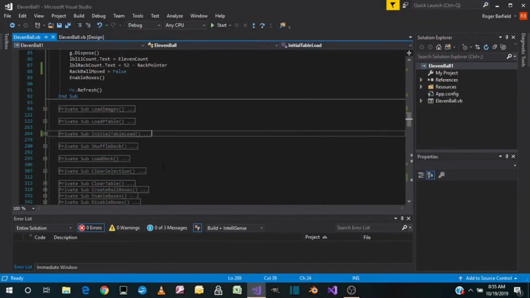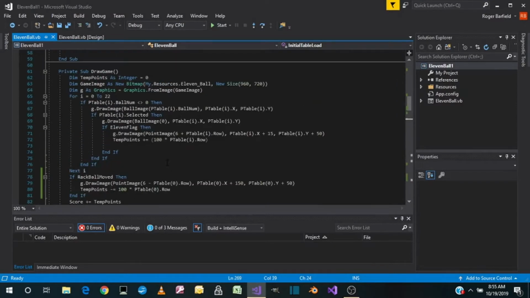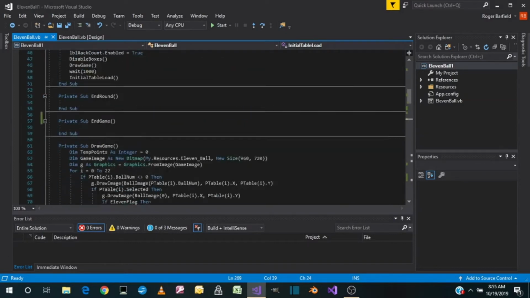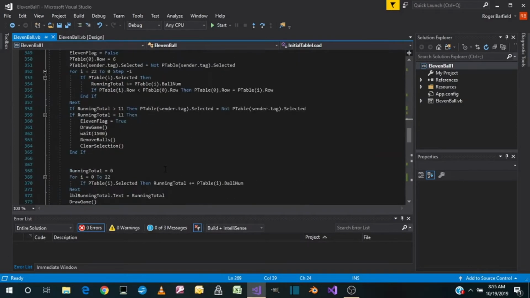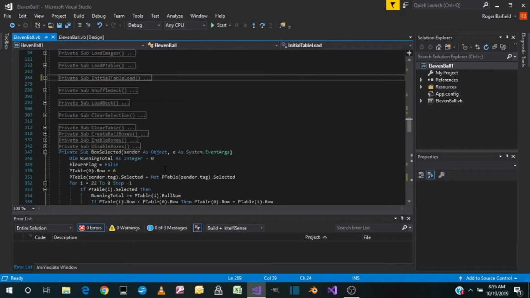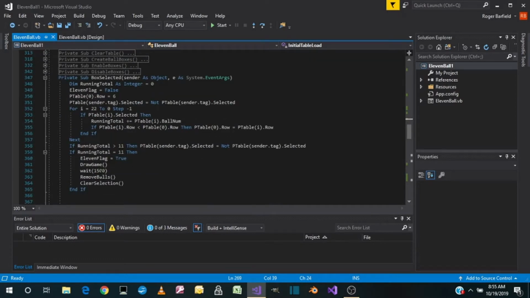Let's set this temporary timer on the other one, so it's not so long. Right there.